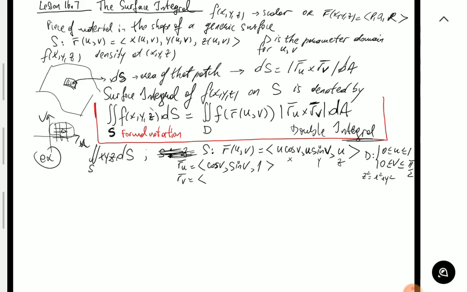Rv, the partial v, now is going to be minus u sine of v, u cosine of v, and partial v of the last component is actually 0. Let's perform the cross product. So Ru cross Rv. First component: sine v times 0 minus u cosine of v.